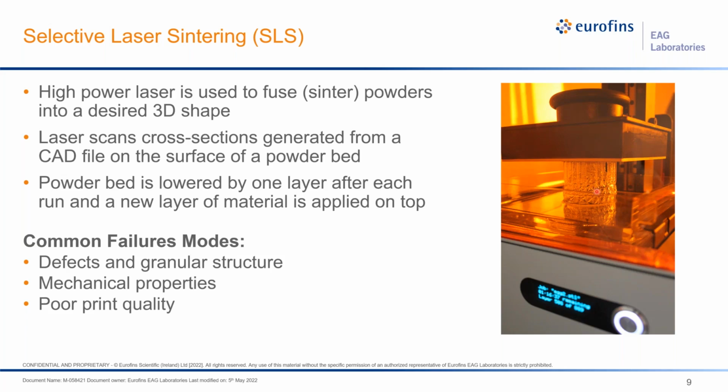Here again, you can have defects, you can have a granular structure, you can have poor mechanical properties. Typically, resins like nylon are used, which have some crystallinity, and if you don't heat it just right, you're going to change the crystallinity profile, and you'll have poor mechanical properties. And again, you can have a poor print quality, aesthetically not pleasing.